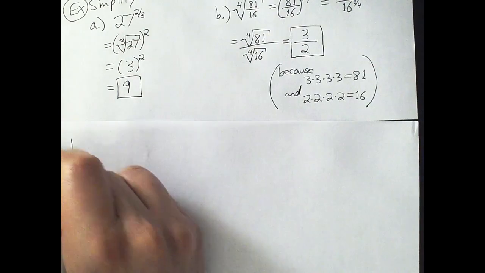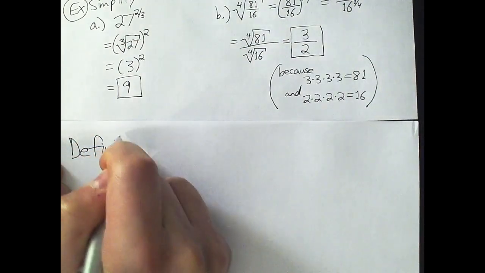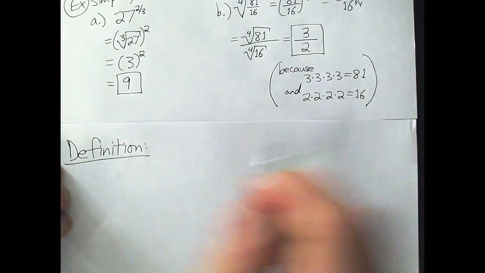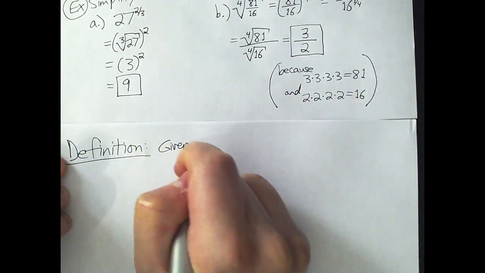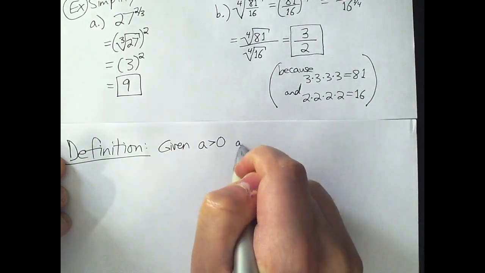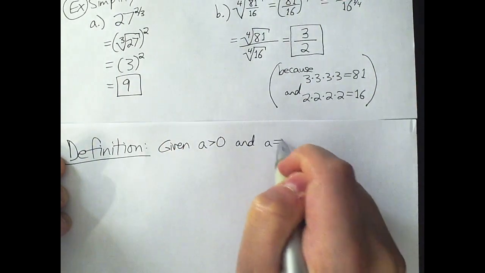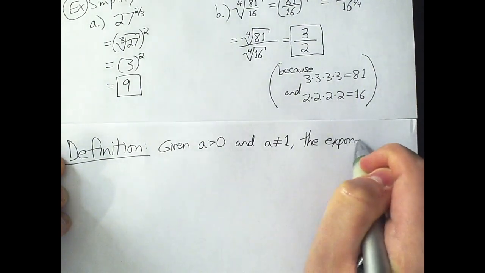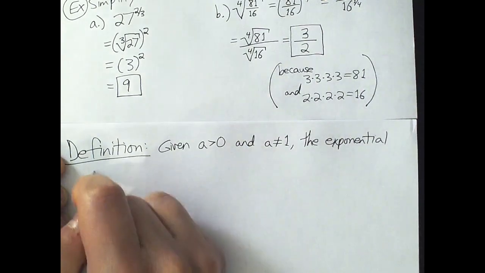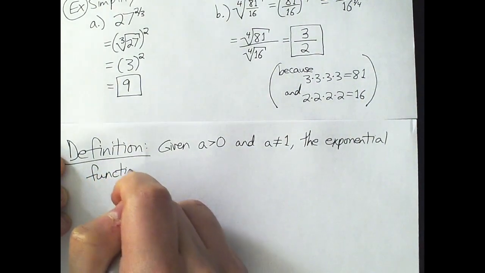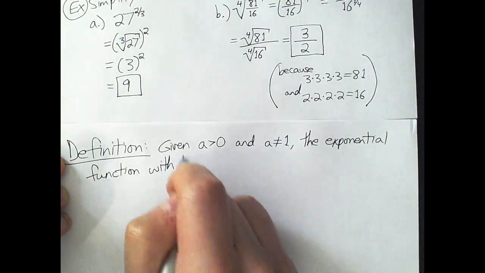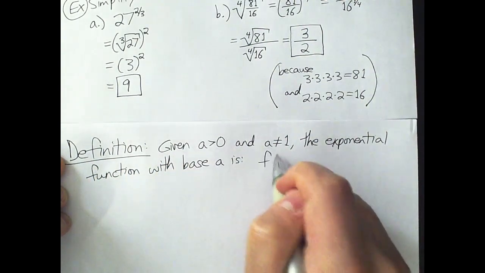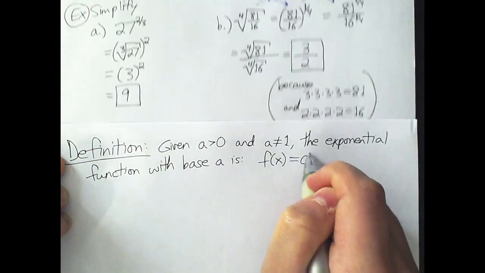So definition. Given a number a that's greater than 0, and the number a is not equal to 1, the exponential function with base a is f of x equals a to the x.